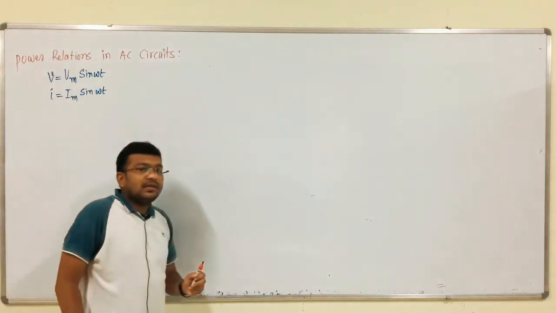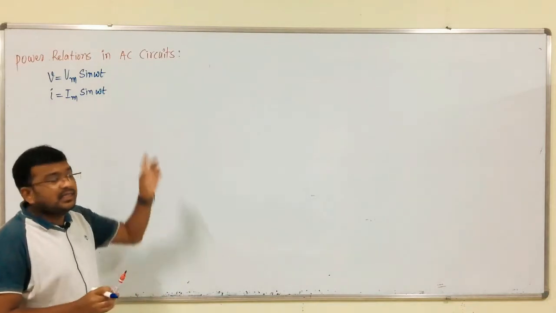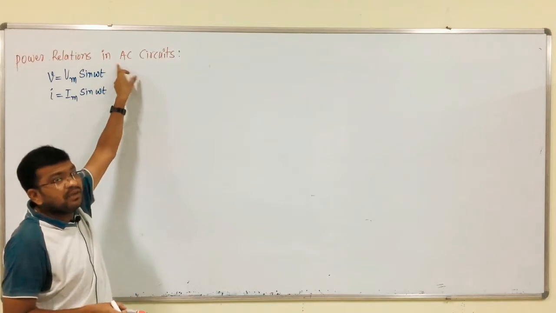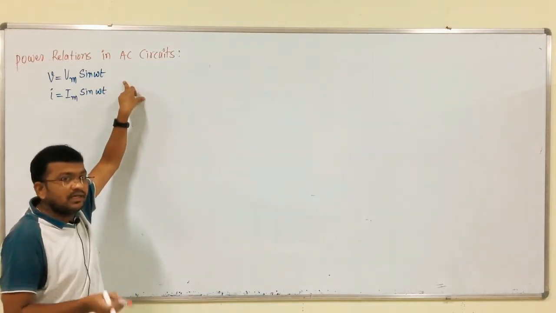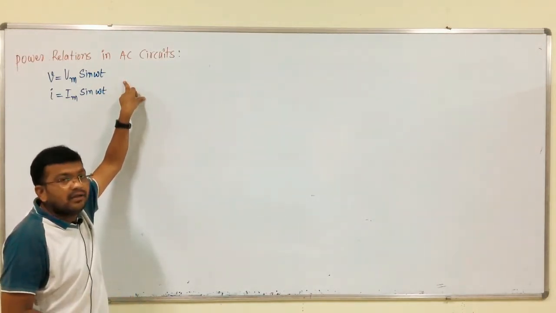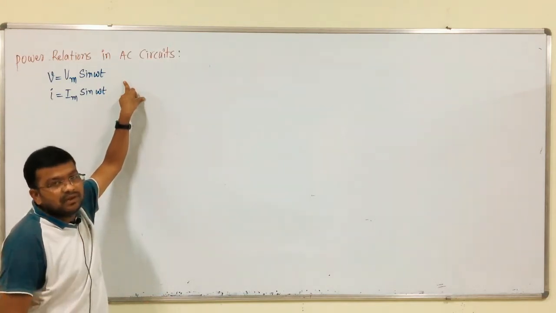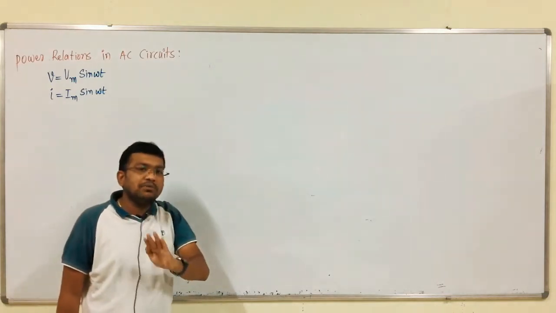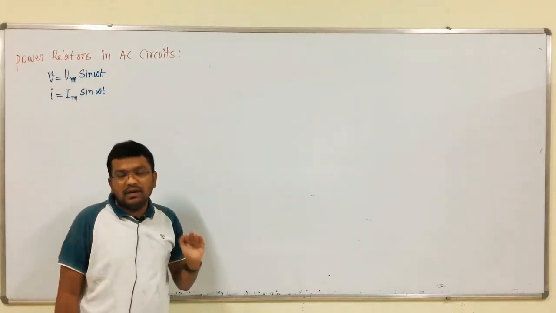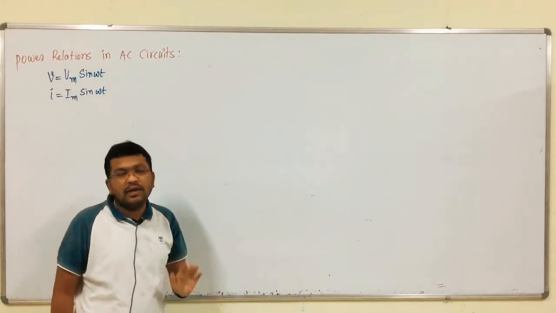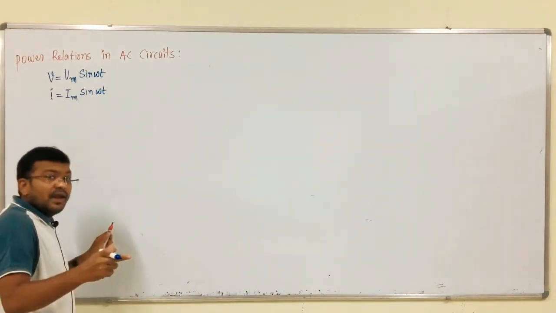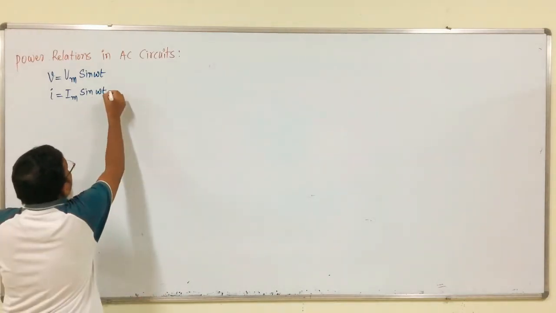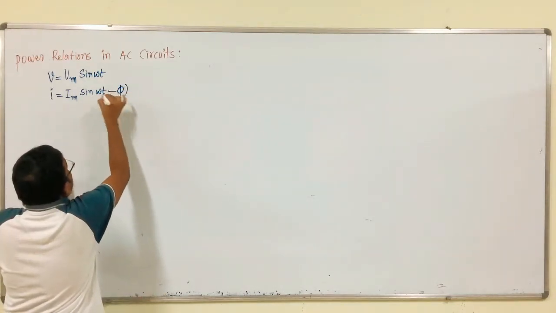Now we have to consider the phase angle. Here the excitation is AC. Obviously, there is a phase displacement between these two quantities, voltage and current, whether it is lagging or leading. Now I am going to consider the lagging power factor in current, so minus phi.